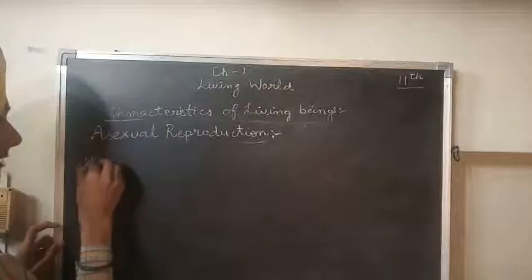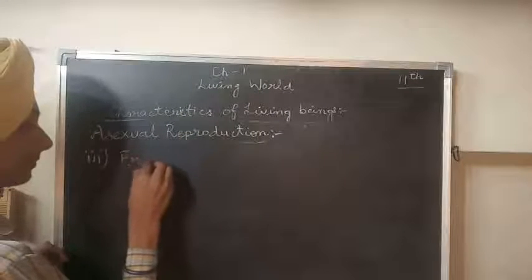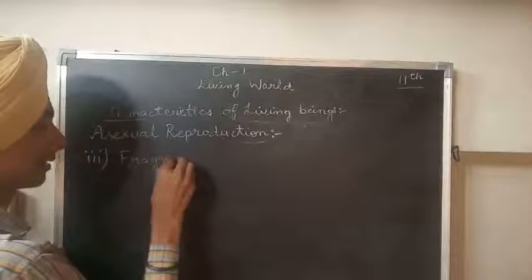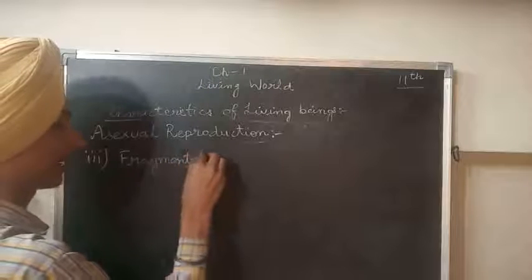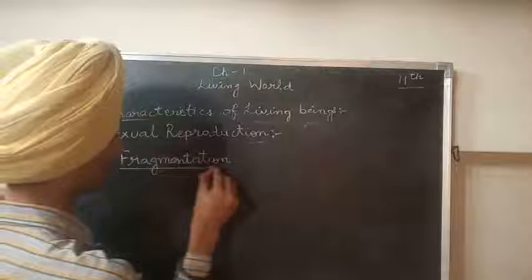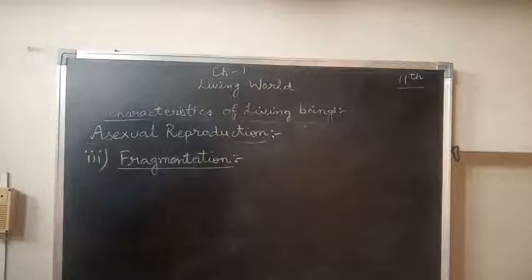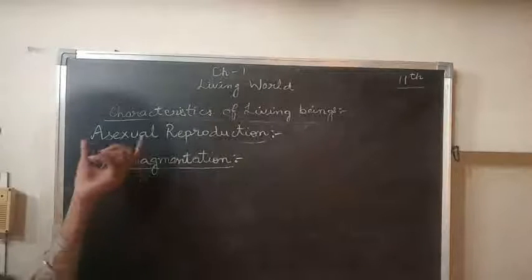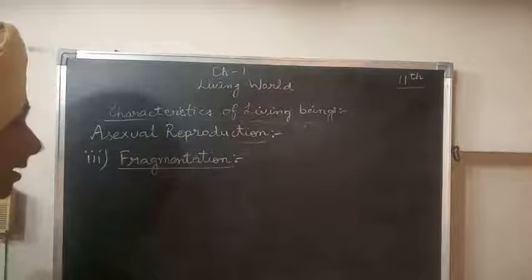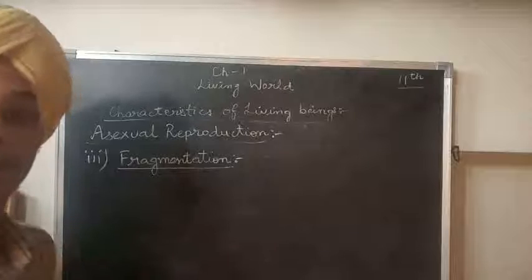The next method of asexual reproduction is fragmentation. Fragmentation means asexual reproduction occurs by division of the organism into fragments.